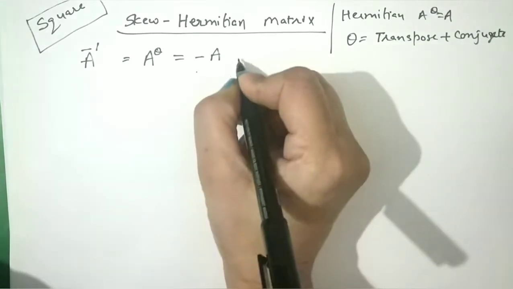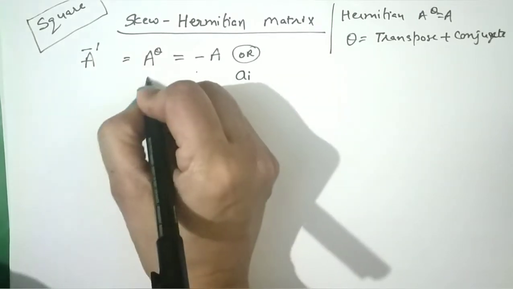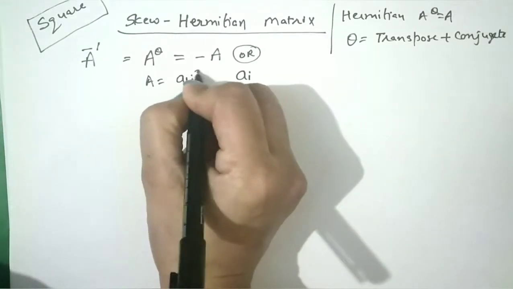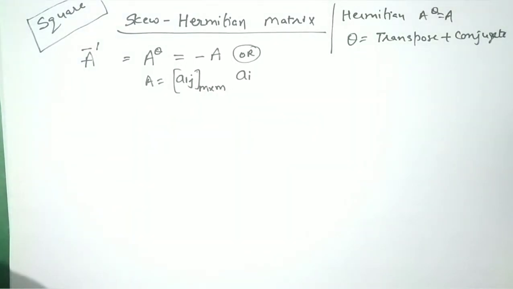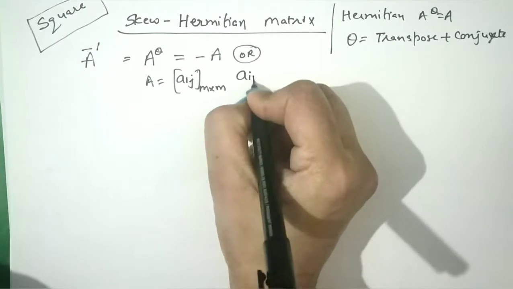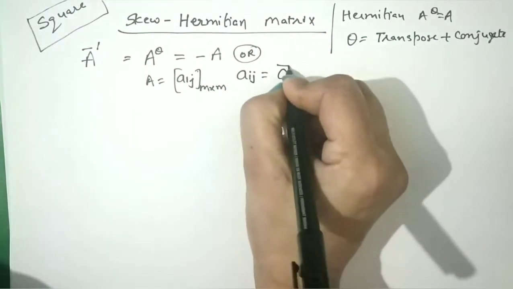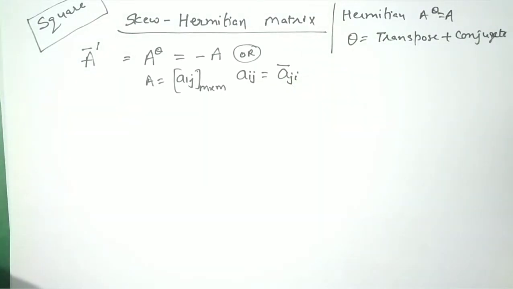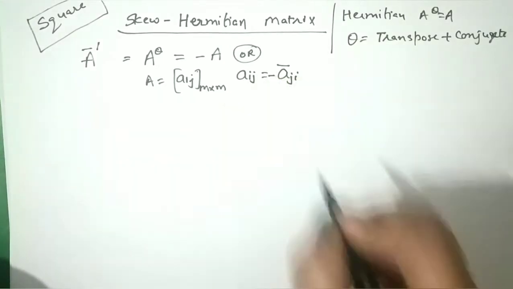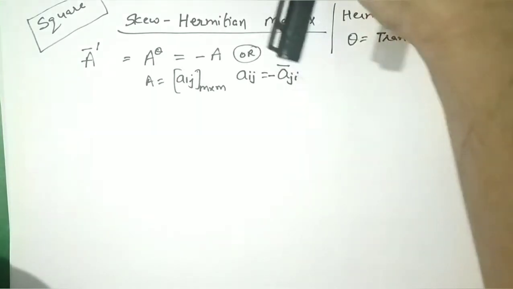Another way of writing this for the elements: if A is written as Aij, where the order is m cross m, a square matrix, and we apply A theta on it, it means you take the conjugate of each element and transpose. I is converted to J because I stands for row and J stands for column. And if it becomes negative of itself, then we say that matrix is skew Hermitian.